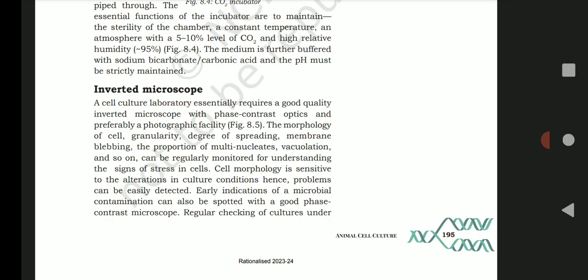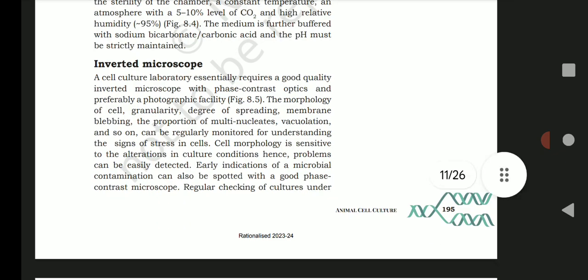Cell morphology is very sensitive, and any alteration in the composition of media, osmolality changes, or any changes in pH and temperature that affect the morphology of the cell can be easily spotted. Further, any contamination present in the cell culture can also be identified with the help of phase contrast microscopy.